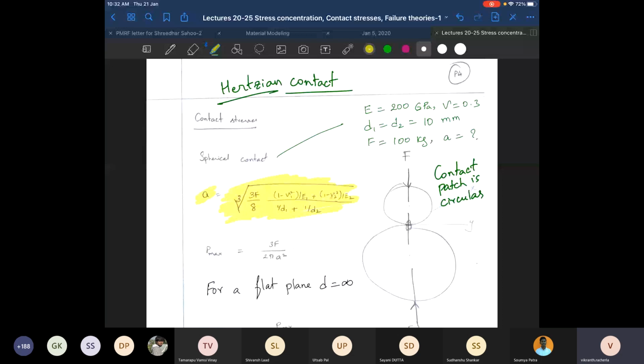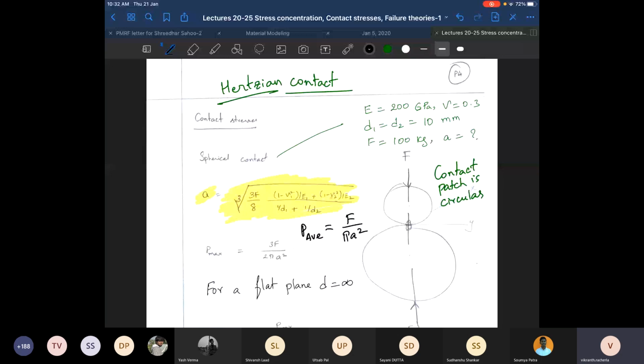So the nominal pressure, the average pressure in the contact zone, P average, what is it? F by A, the area of the patch. What is the area of the patch? Pi a square. So the average pressure in the contact zone is F divided by pi a square.